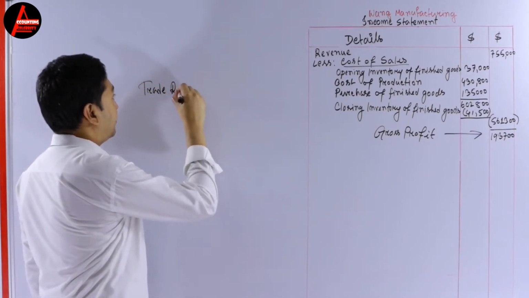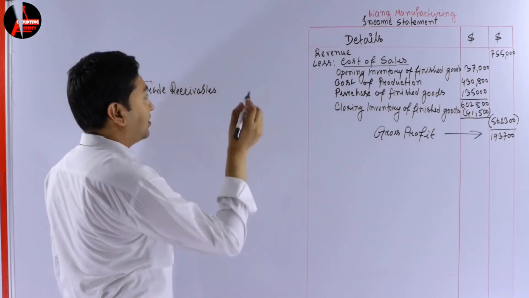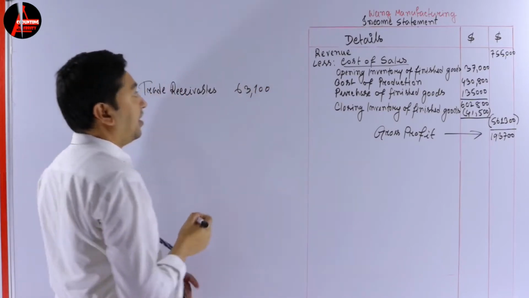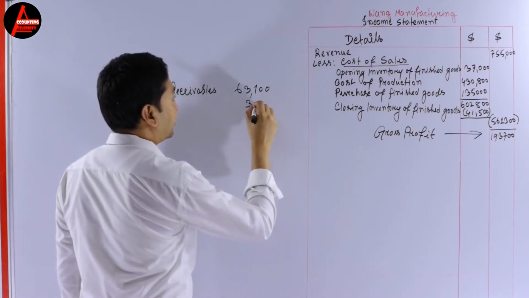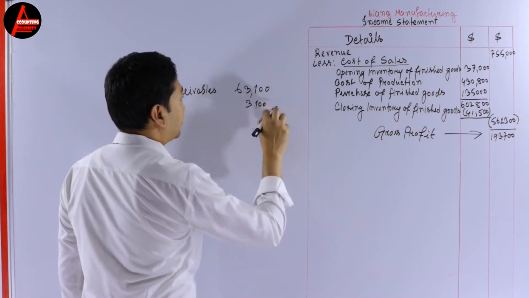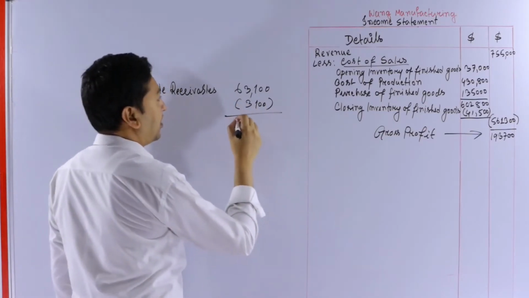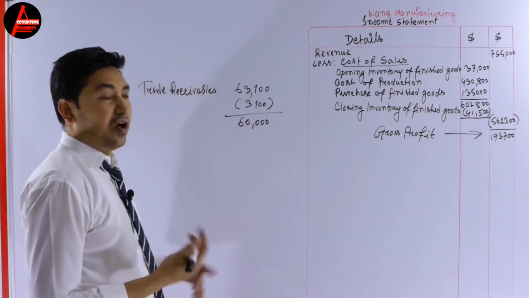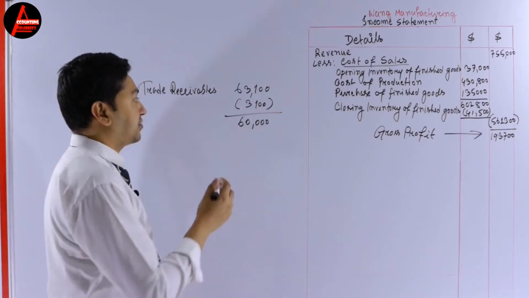Trade receivable. It is written that $63,100, okay? So from here, $3,100 is not recoverable. So you have to subtract this one. Okay, so if we subtract, what is your answer here? $60,000. Okay, so on this value we have to calculate 5% as written in the adjustment.